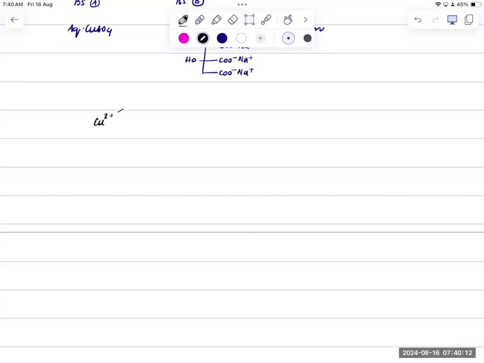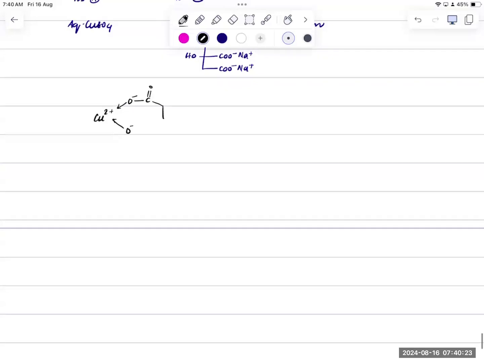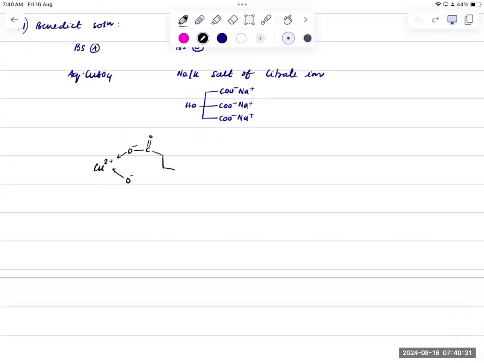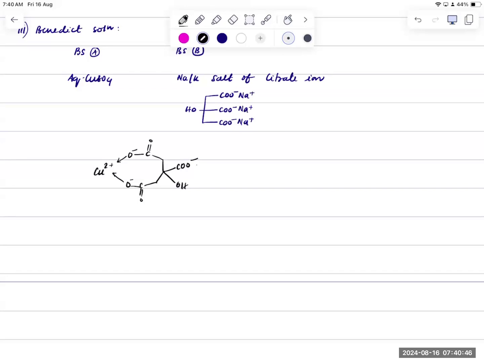Cu2 plus connected from O minus and connected from O minus here with C double bond O, and here we have one OH group here, one OH group here, and then COO minus with C double bond O. This way it is connected on this side, and here this is connected to the next Cu2 plus ion like this with another O minus OC, which is connected to double bond O and another carbon.